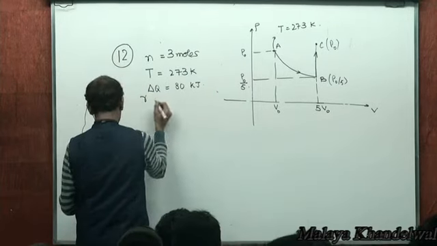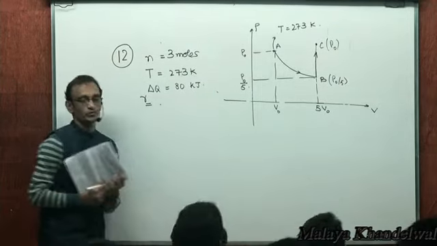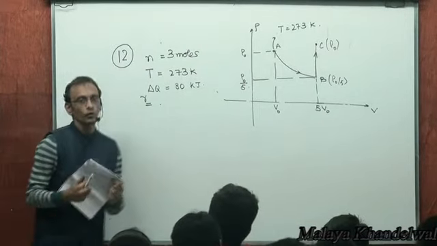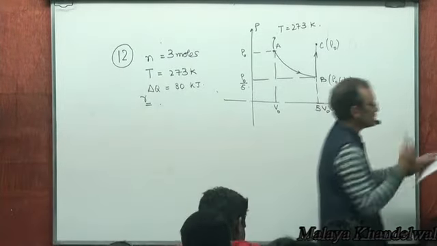Find the gamma of the gas. That's what we want to be able to do. We want to find the Cp by Cv of the gas.